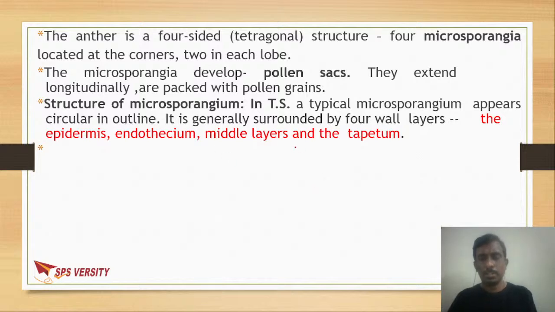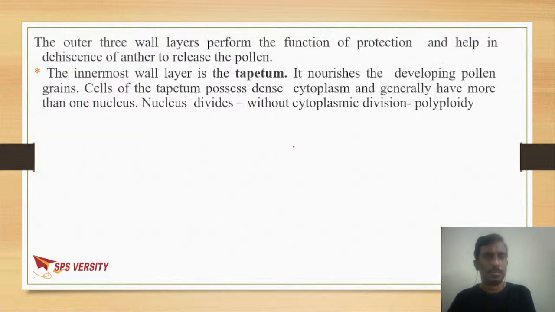In the 4 layers of anther wall, the outer 3 layers, that is epidermis, endothecium and middle layers, their function is giving protection and dehiscence, which means breaking of anther so that the pollen grains are released.